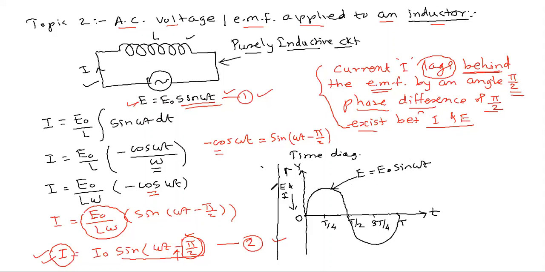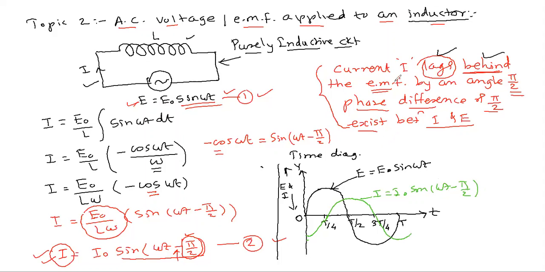And for the current, since it is lagging behind by an angle of pi by 2, I can draw the current, I is equal to I naught sine of omega t minus pi by 2.